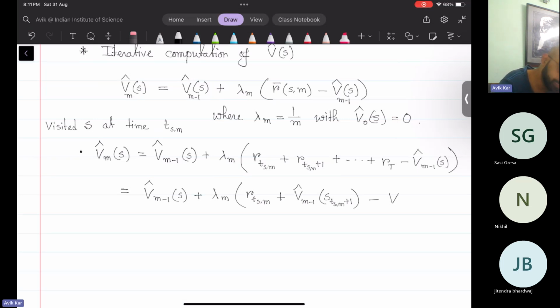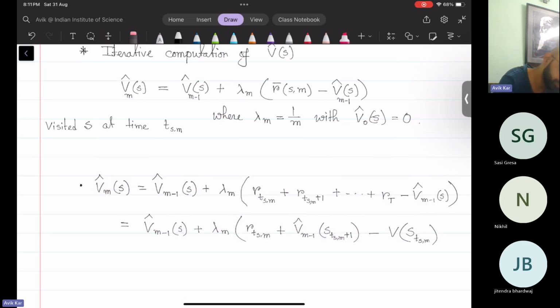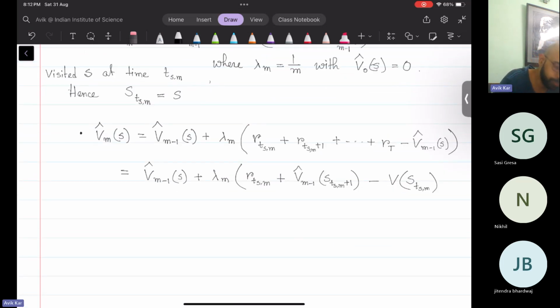Hence we can replace s by s subscript T(s, n), which is always equal to s. So that's what we did here. We have not written these many terms and added something extra. This we have added; this not written.